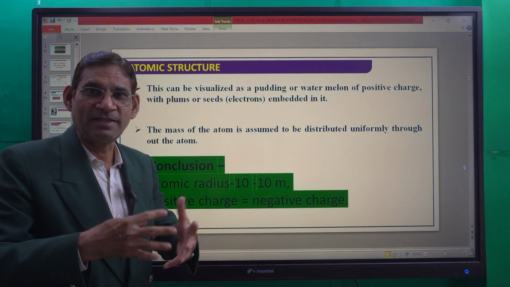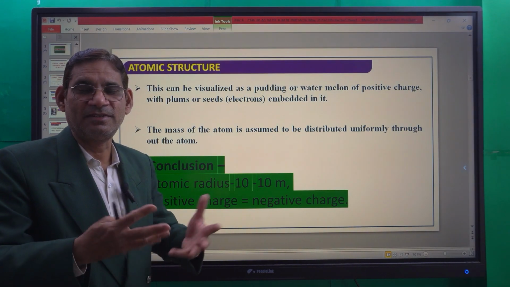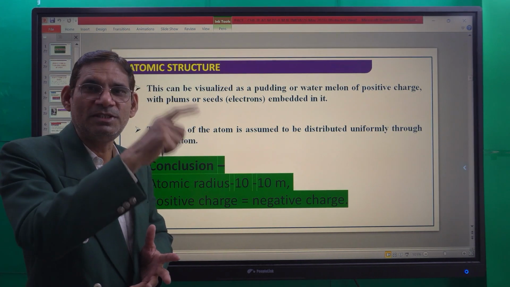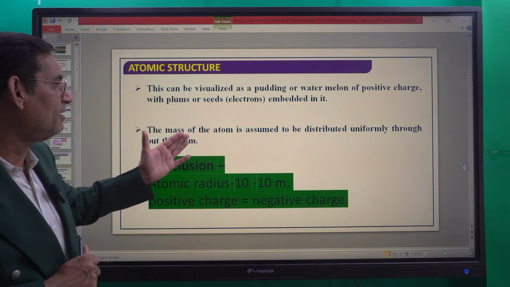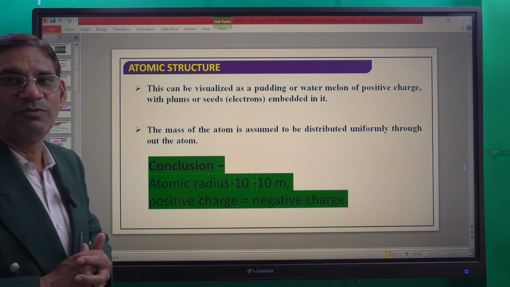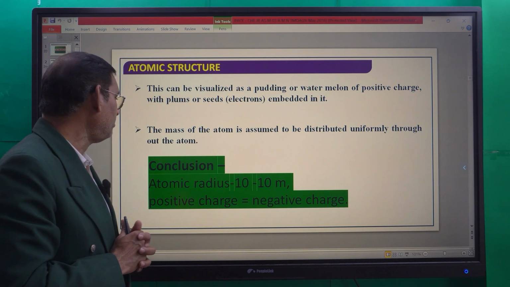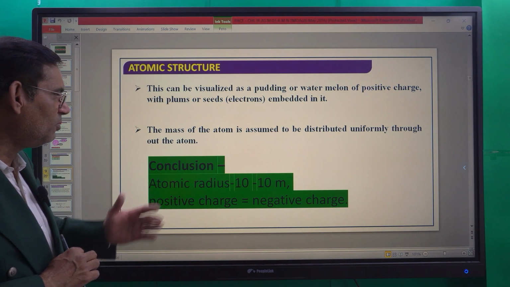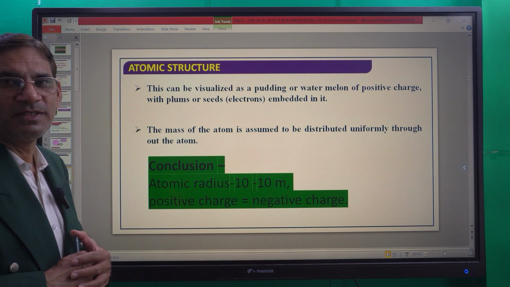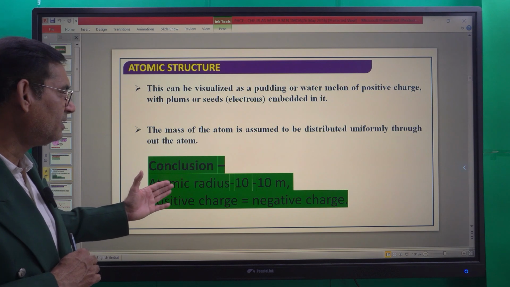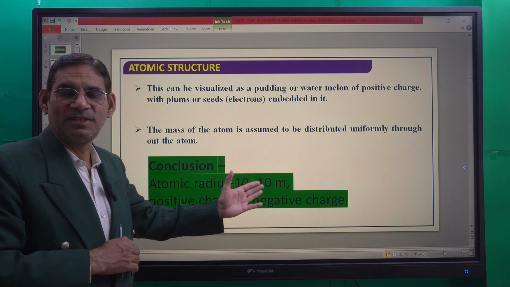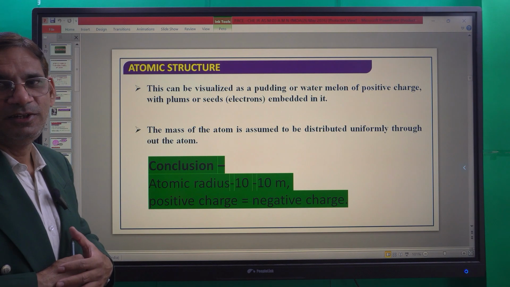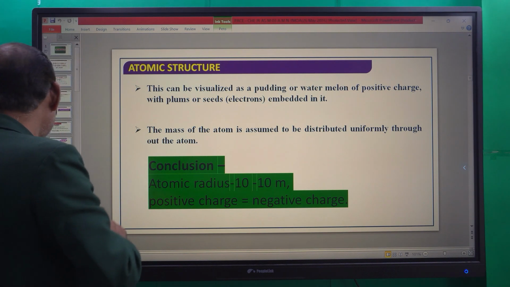Whatever mass an atom has is because of protons, and since protons are uniformly distributed, the mass of the atom is also uniformly distributed. So we can draw two conclusions from this model: the radius of the atom is of the order of 10 to the power minus 10 meter, and the atom is always electrically neutral, always chargeless.